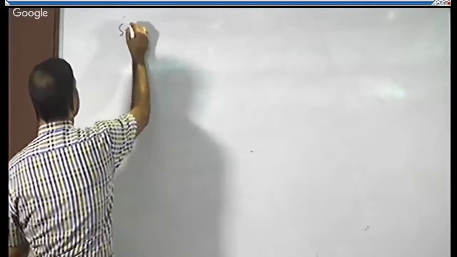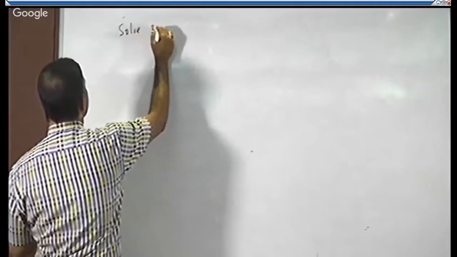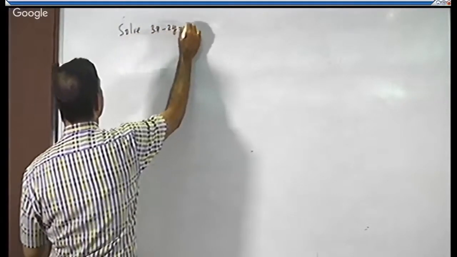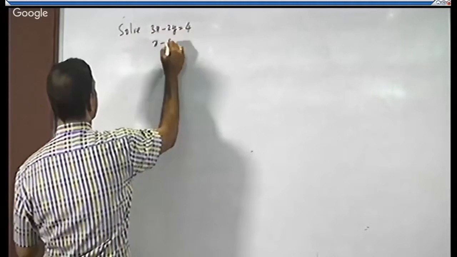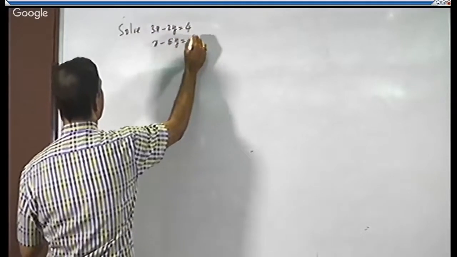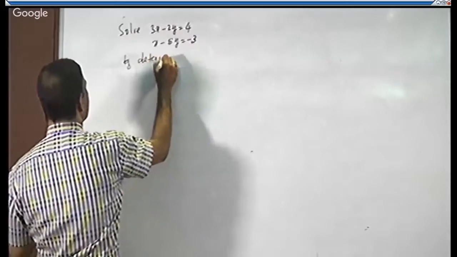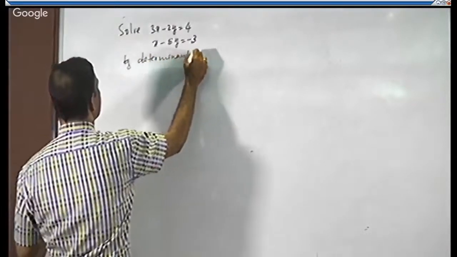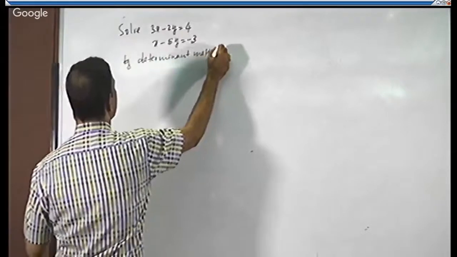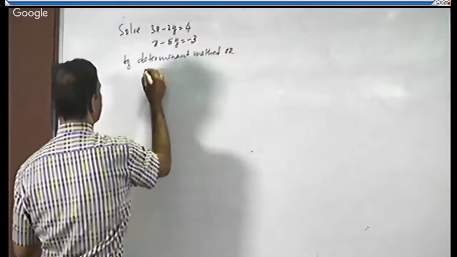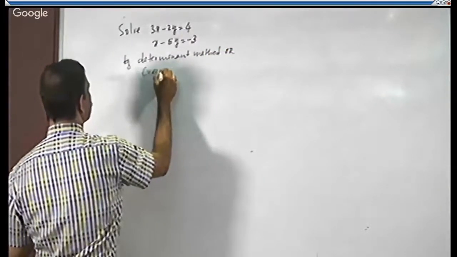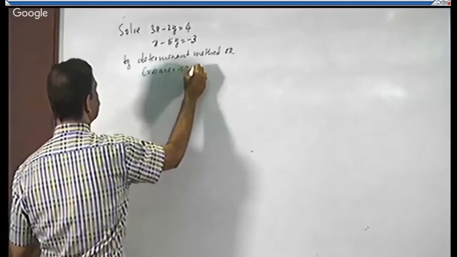Solve 3x minus 2y is equal to 4, x minus 5y is equal to minus 3 by the determinant method, or they may ask you Cramer's rule.